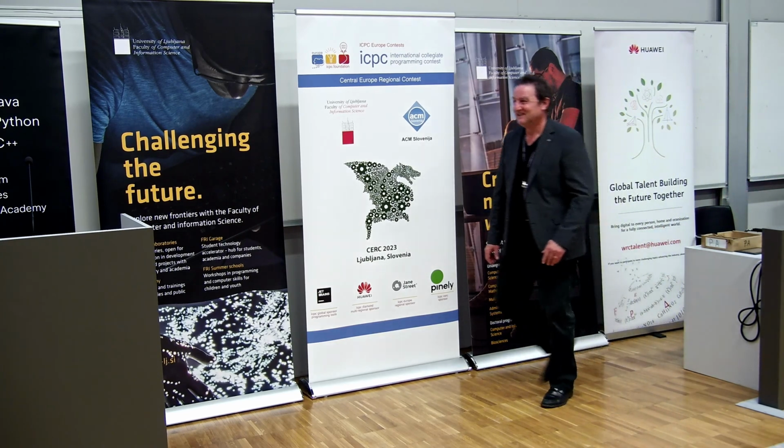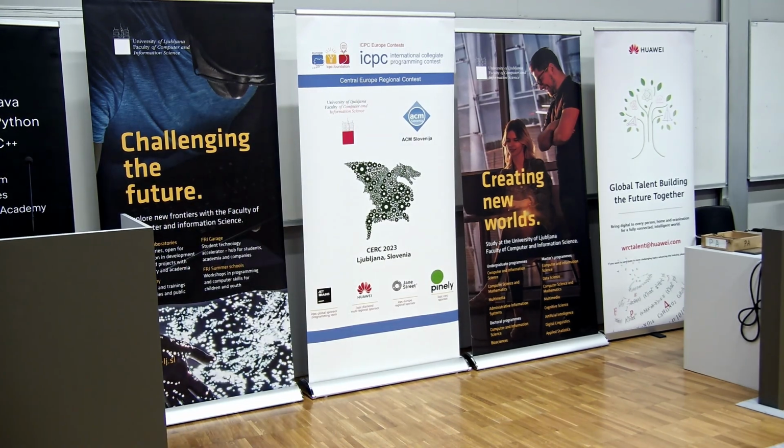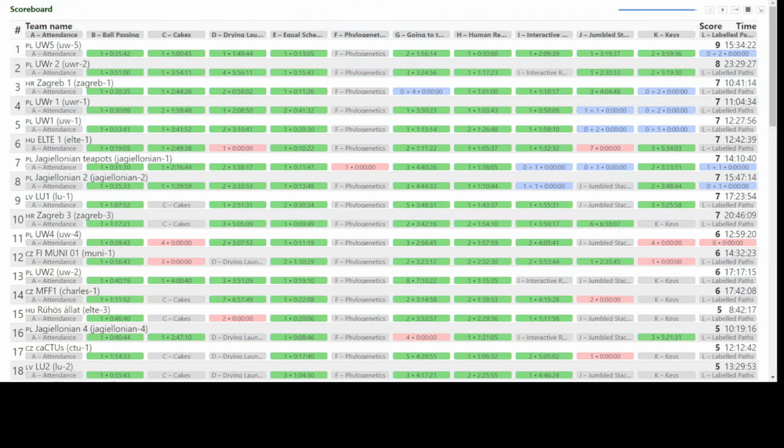Okay, one click. We have one submission at problem I from Jagiellonian 2, which was successful. And the Jagiellonian teapots come back with another submission at problem I, 3 remaining in total.